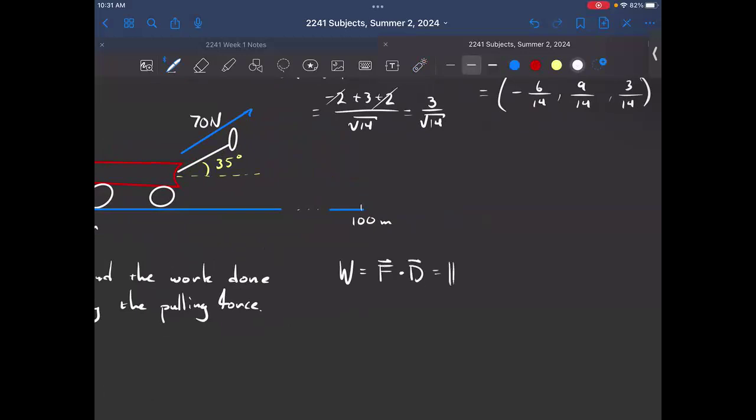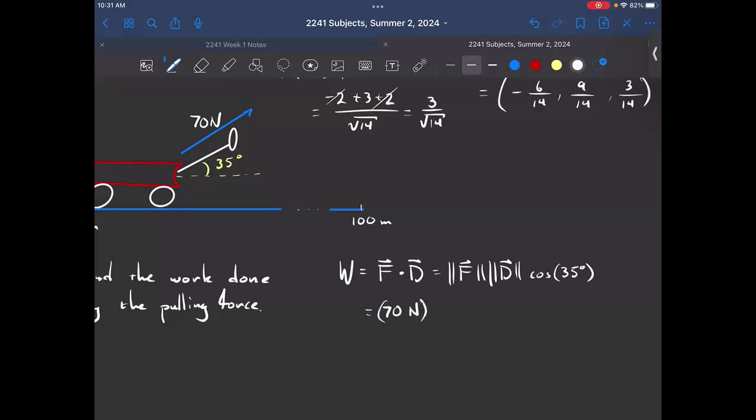But the geometric version of the dot product says we only need the magnitude of the force and the magnitude of the displacement. So once we have those two norms and we know the angle, 35 degrees, between them, we can just go ahead and plug that right in, can't we? So we get 70 for the size of the force, 70 newtons.